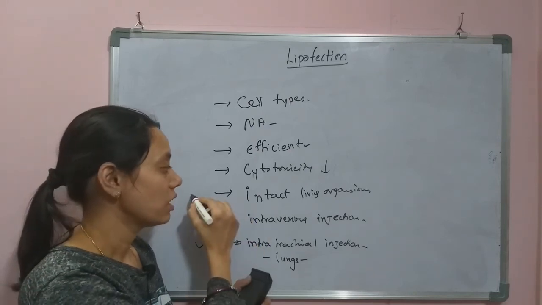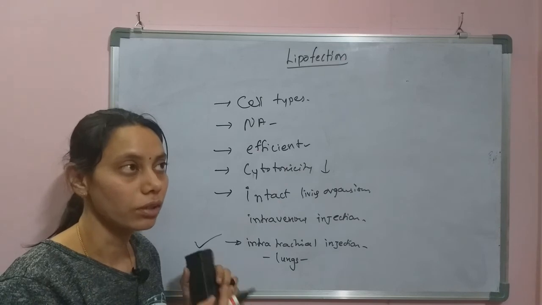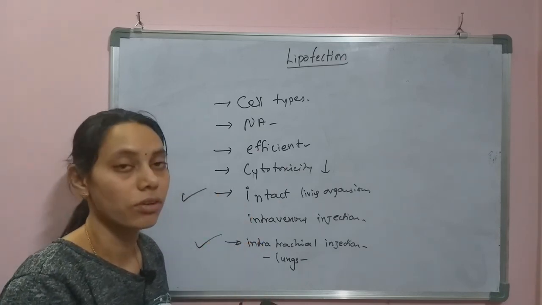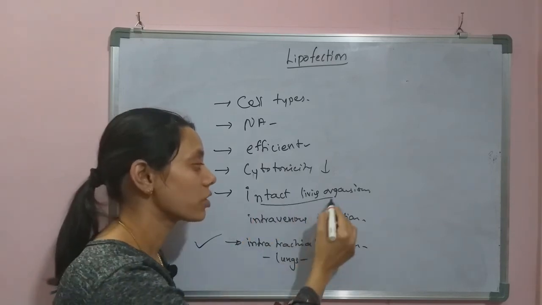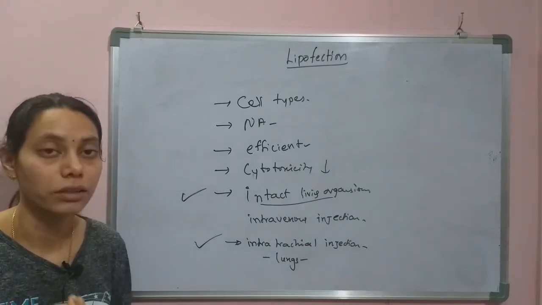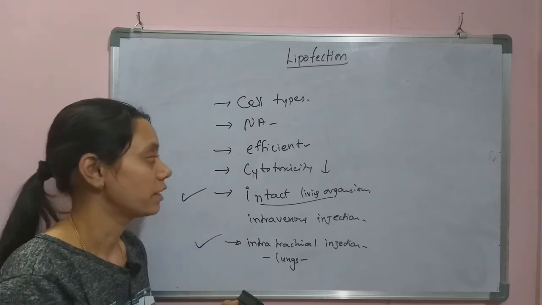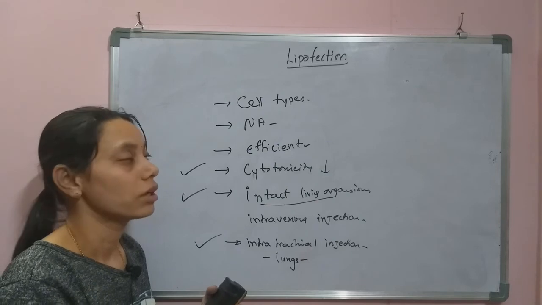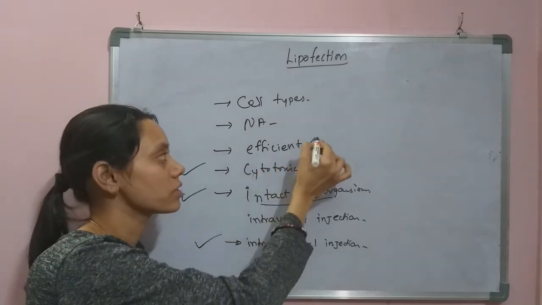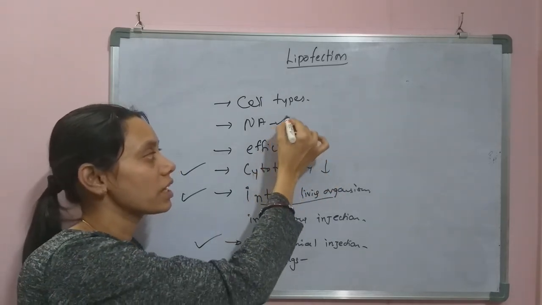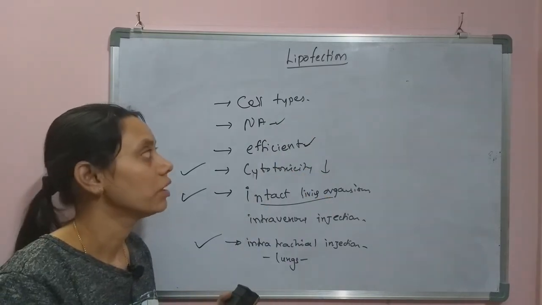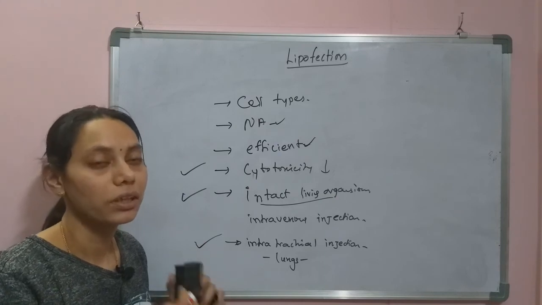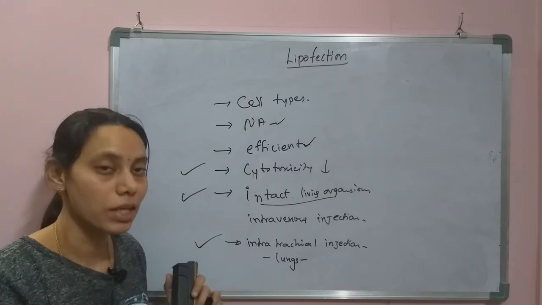And we can use either cell cultures, or a live or intact organism to deliver the DNA inside it, and the cytotoxicity is very much less compared with the other methods, and it is an efficient delivery system. And nucleic acids such as DNA and RNA can also be introduced with this method, and it is applicable to many kinds of cell lines.